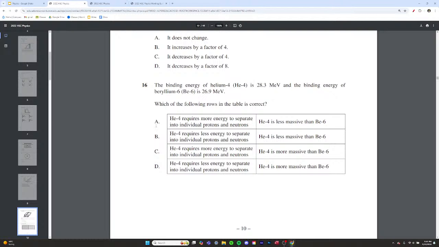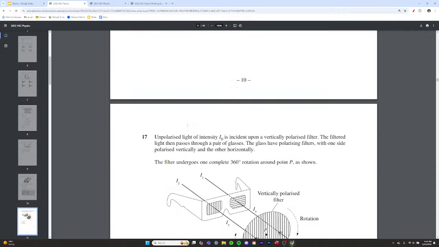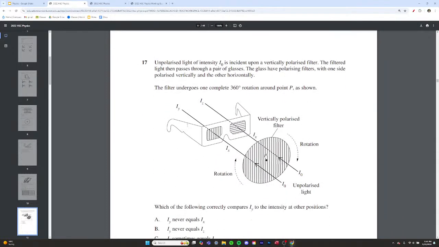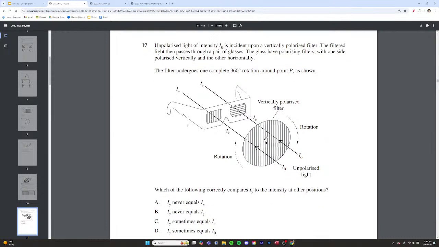Oh, we've done this. IY never equals IX. I think that's false.